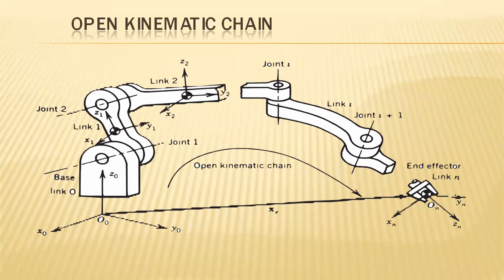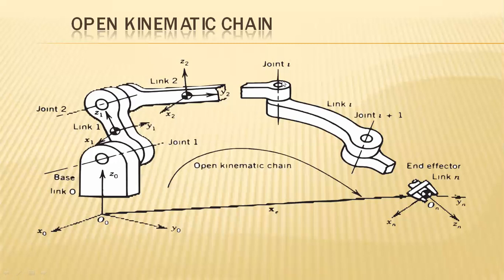That's an open kinematic chain, which leads to a joint i change. This is the link i, and this is the joint i plus 1. If any other joint is being held in this range also, see, this is the one joint and this is the one joint.